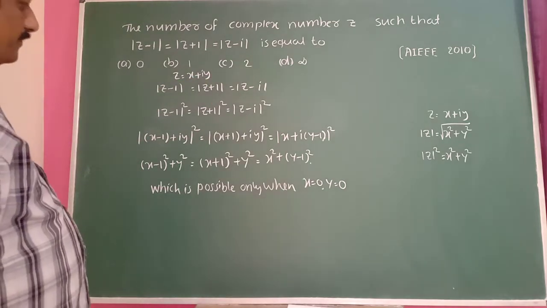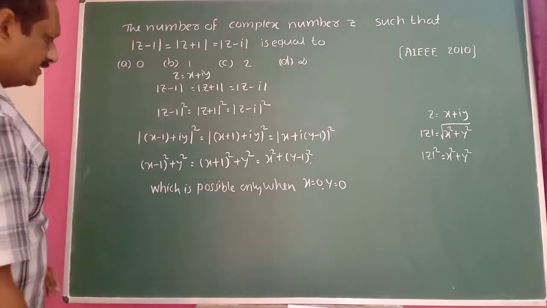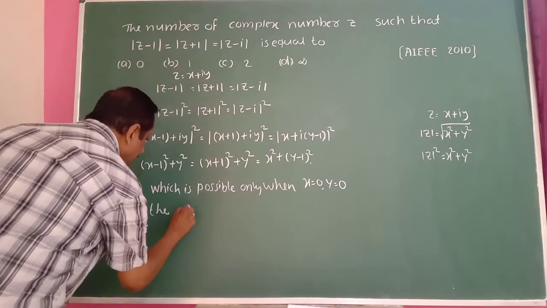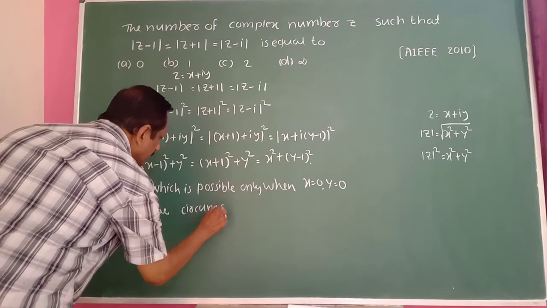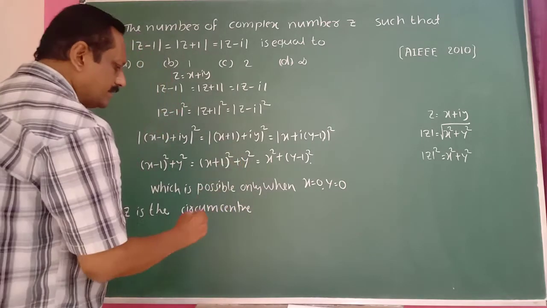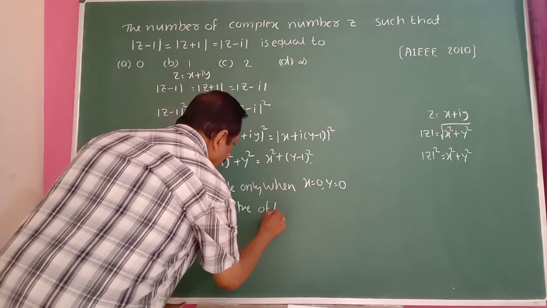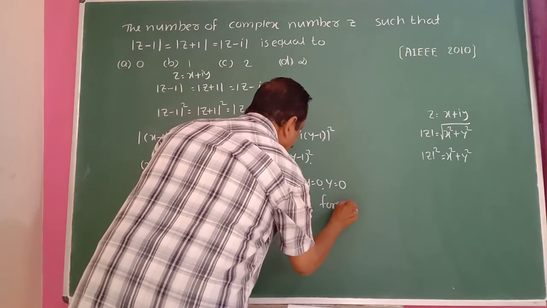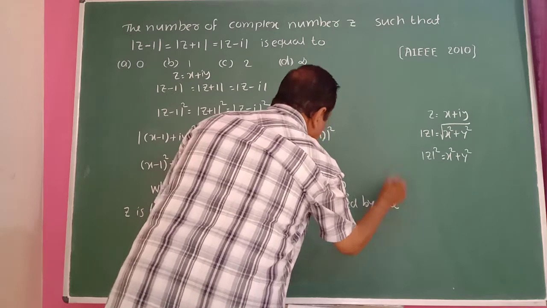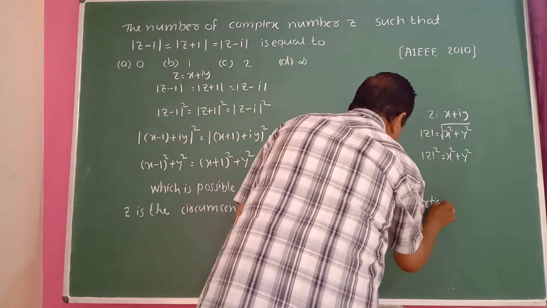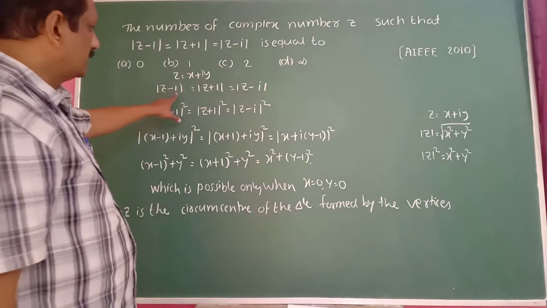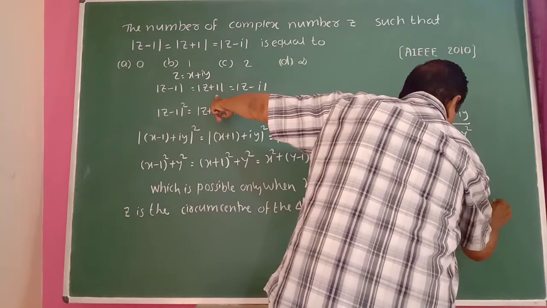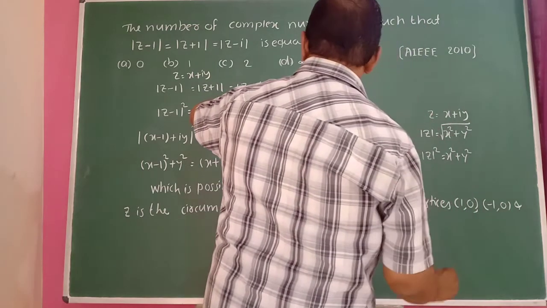Therefore, in this case z is the circumcenter of the triangle formed by the vertices 1, 0, and minus 1, 0, and 0, 1 here.